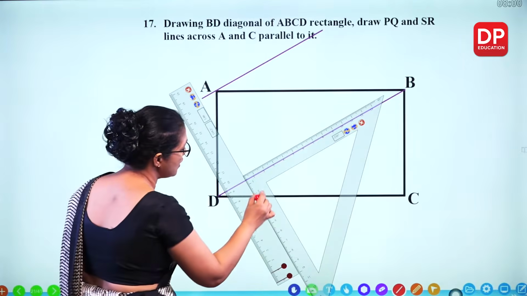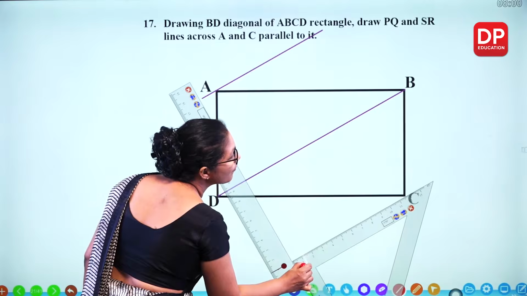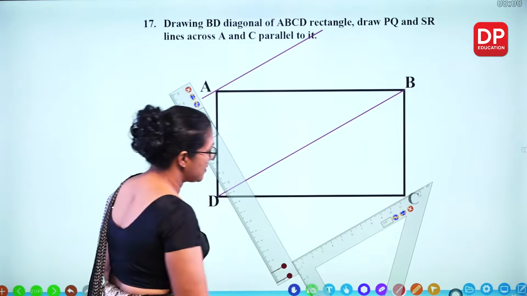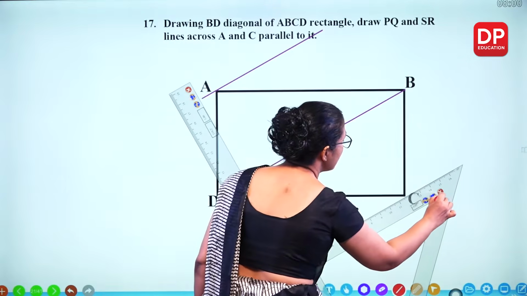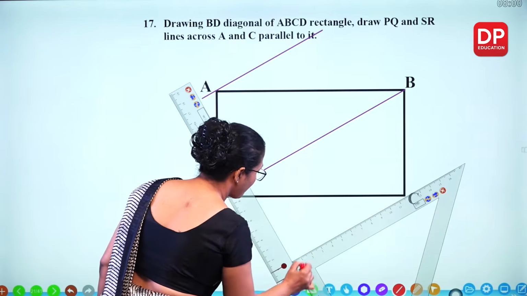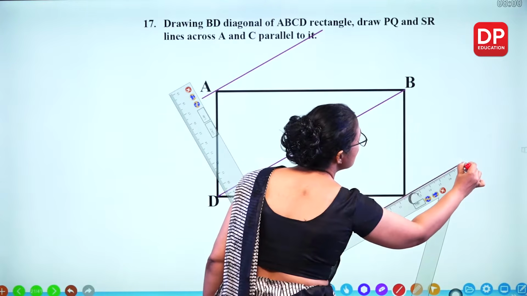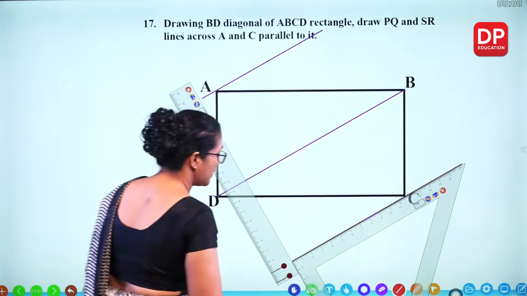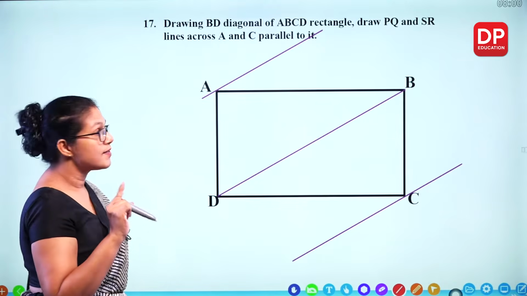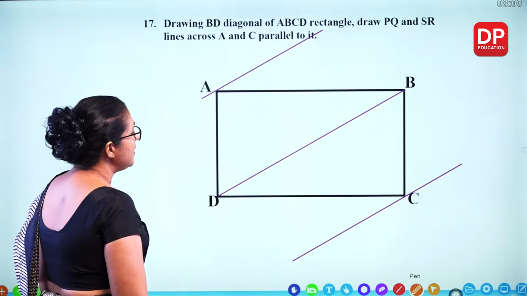Now I can push this set square down. So like this, and draw the line. I can draw the line, it passes through the point C. Now see, these two lines are parallel to BD and pass through A and C.